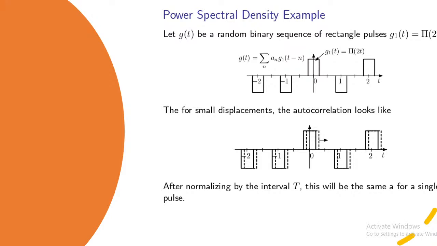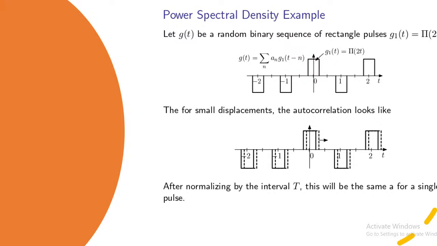Now this is an example. In this example, we will see g(t) as a binary sequence of rectangular pulses. So g(t) is g1(t), a gate function of 2T, and it is a sequence. It is not one function. So it is periodic. Energy signal is always aperiodic; power signal is always periodic.